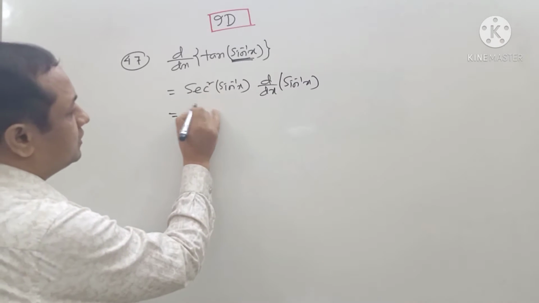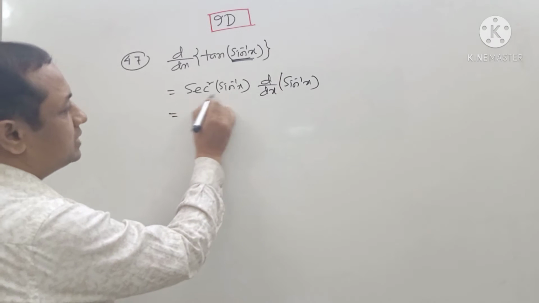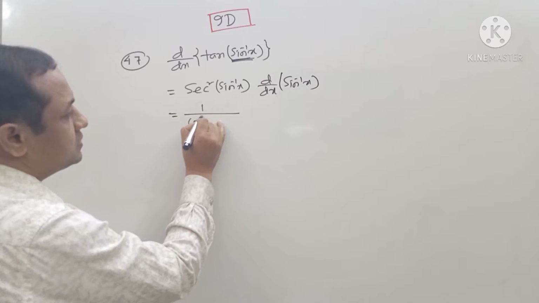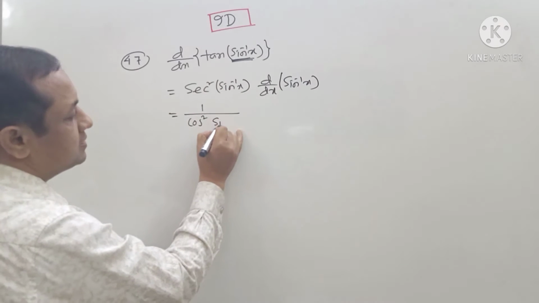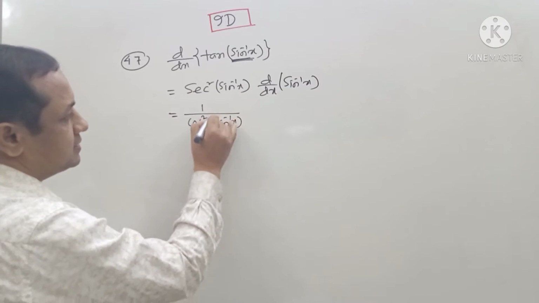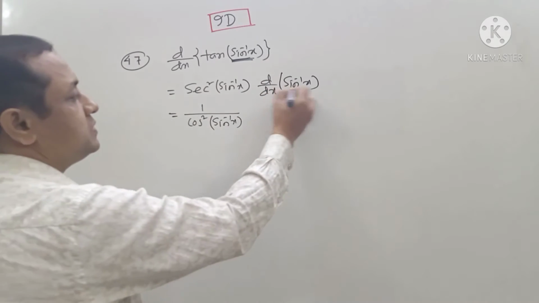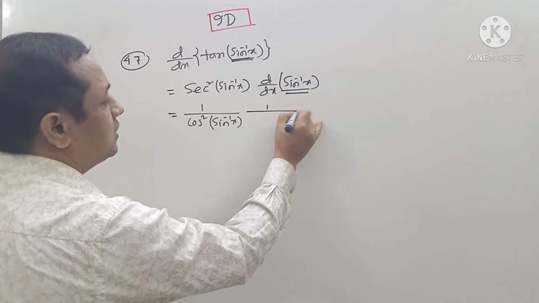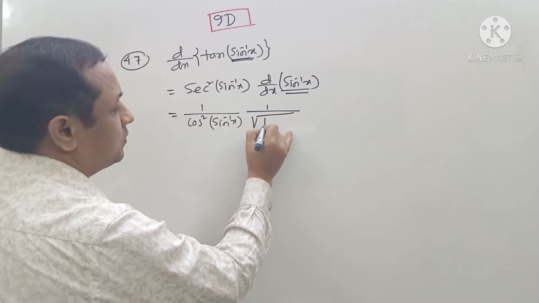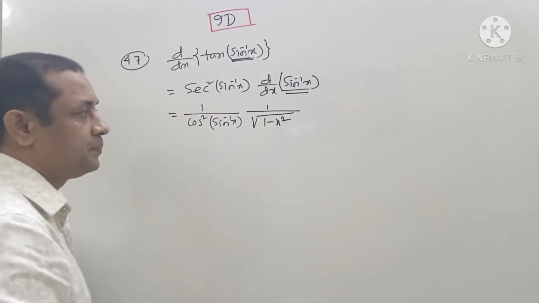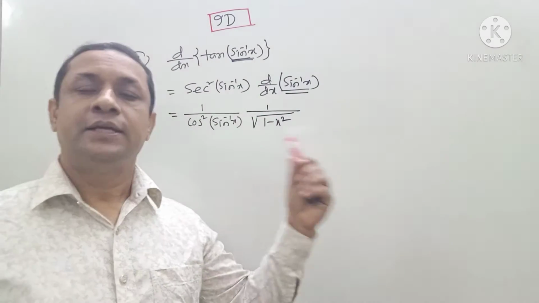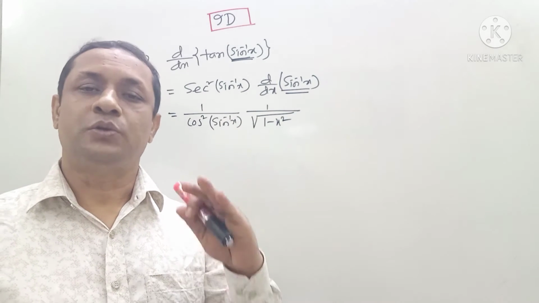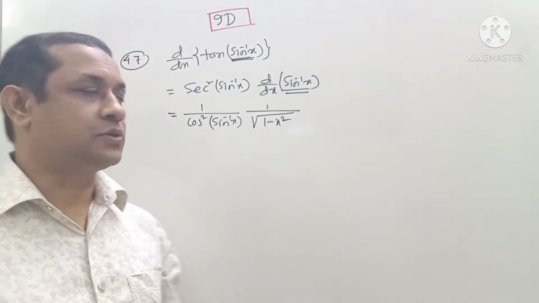Now using the formula, we know that sec² θ equals 1 by cos² θ, where θ means sin⁻¹x. And again using the formula, d/dx of sin⁻¹x equals 1 by root over 1 minus x². You have learned, student, d/dx of sin⁻¹x equals 1 by root over 1 minus x².